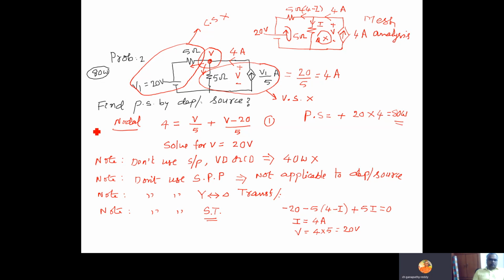If you use nodal, this is the IIT method, a powerful technique. If you use mesh analysis, maybe you will get into NIT. Mesh analysis, current distribution is NIT. If you use the loop current method, then other third-status universities and so on. Then if you use any of these things, you will not qualify.